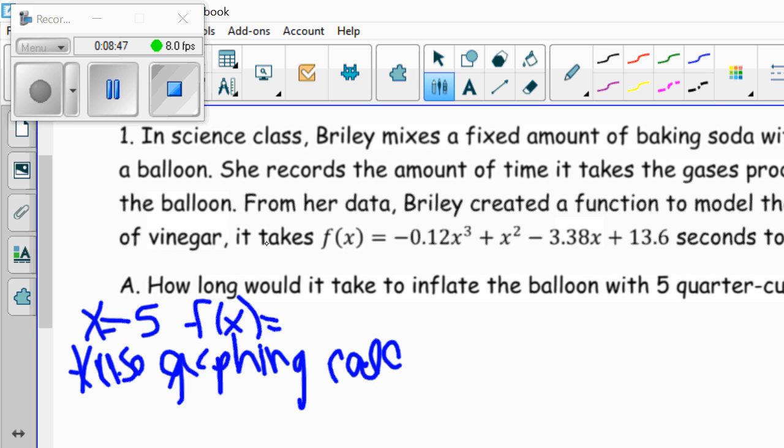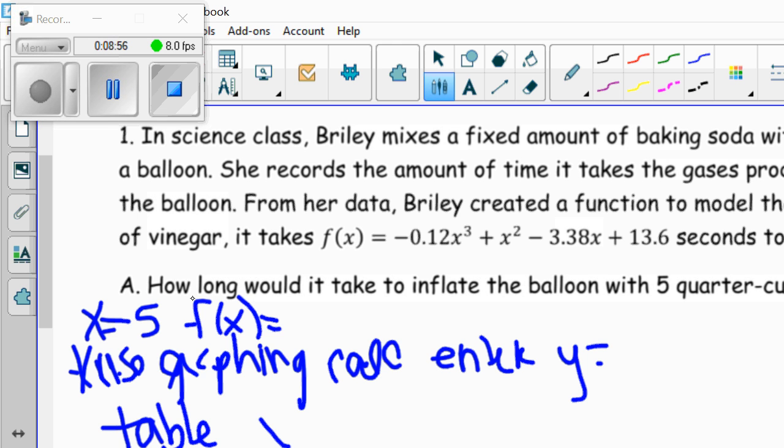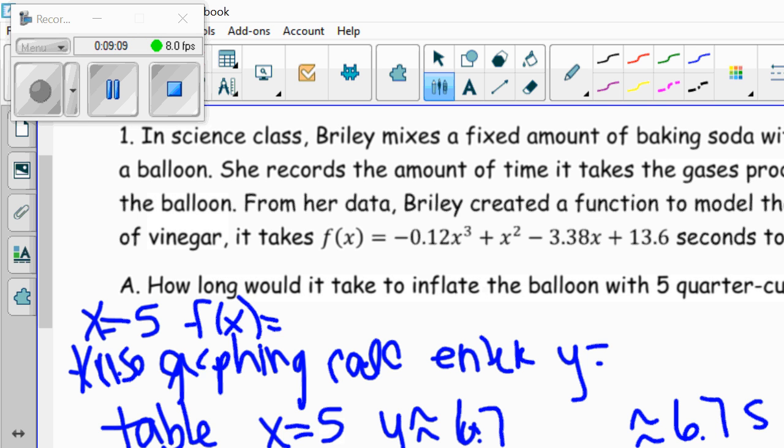So we're going to enter the equation in. So enter y equals in, and then we're going to go to the table. And when x equals 5, it tells me that y is approximately 6.7. So what that means is that it takes approximately 6.7 seconds for the balloon to inflate if we use 5 quarter cups of vinegar.